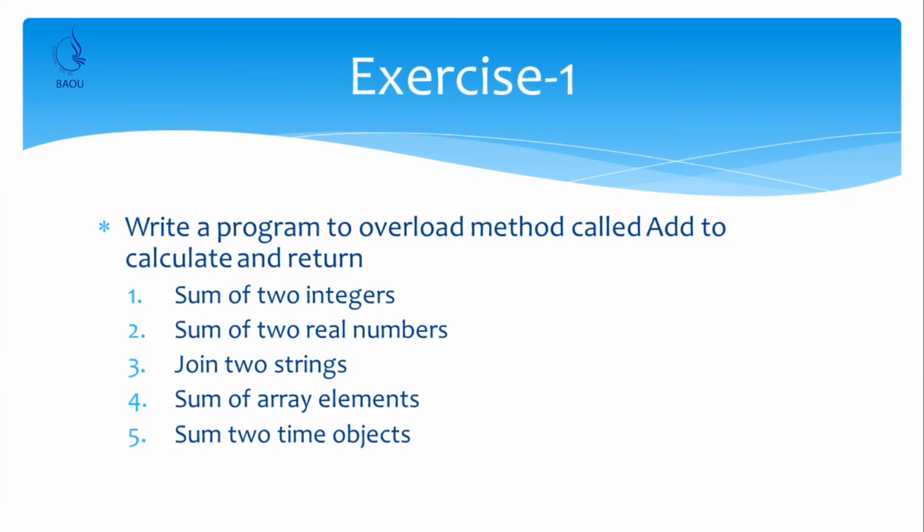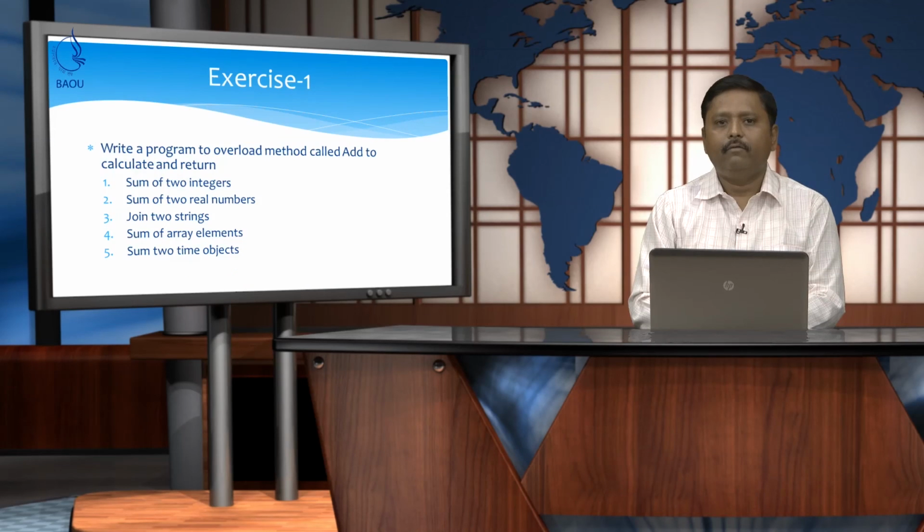If strings are provided as arguments, you join them, and you have to sum the array elements if an array is provided as an argument, and finally, you have to sum 2 time objects. We already discussed how to sum 2 times in the previous lecture. So, you have to write down this exercise.